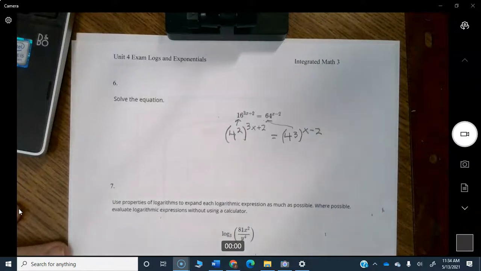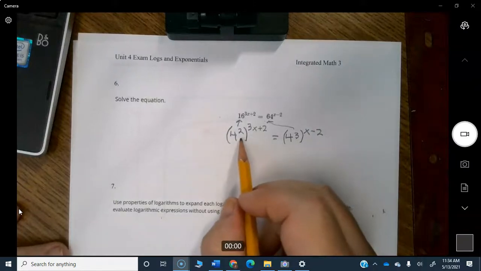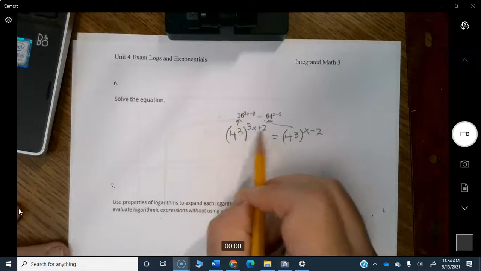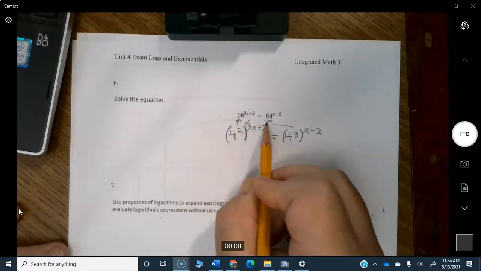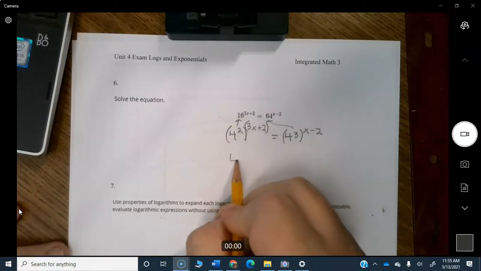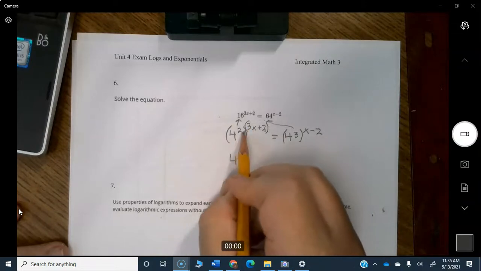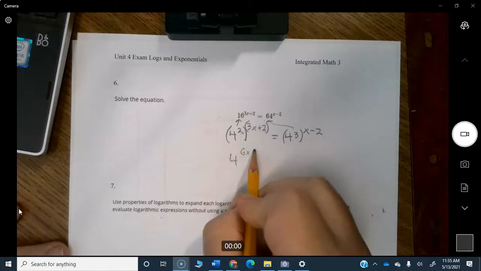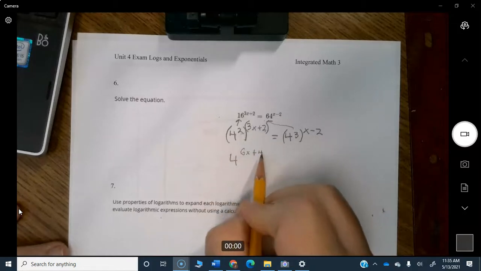Okay, and rule number 4 says a to the x raised to the y is going to be a to the x times y. So this times this. So what is this times this? If you put it in parentheses like that, it's 2 times 3x. So it's 4 to the 2 times 3 is 6x, and 2 times 2 is 4. So 6x plus 4.